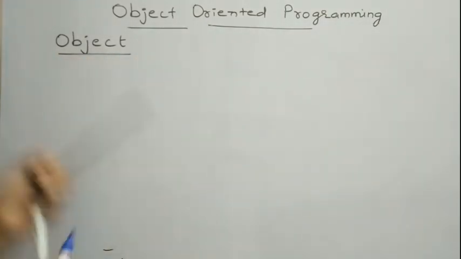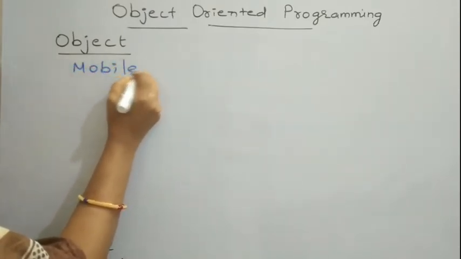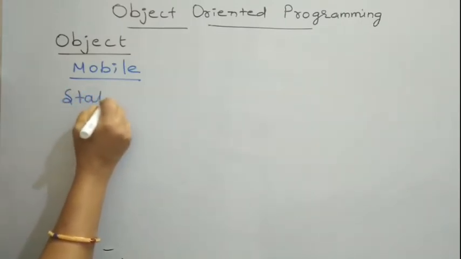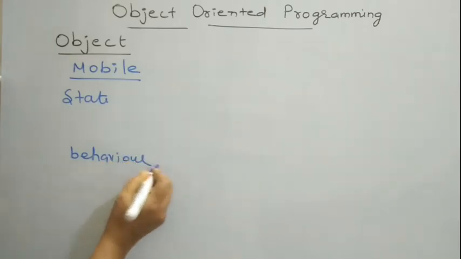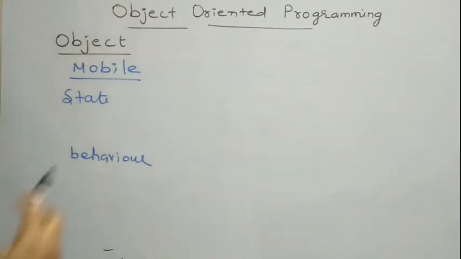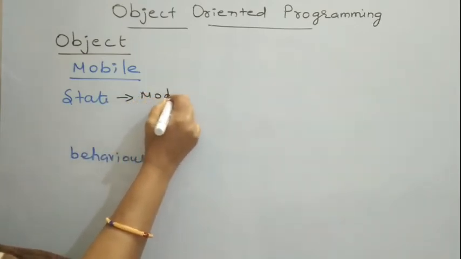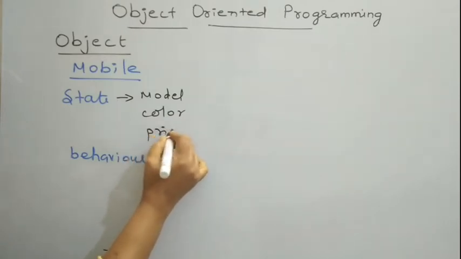First example: take the object mobile. What are its state and behavior? State: a mobile phone has properties like model, color and price.